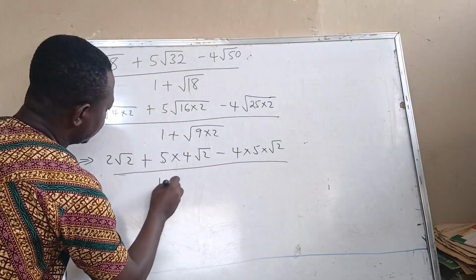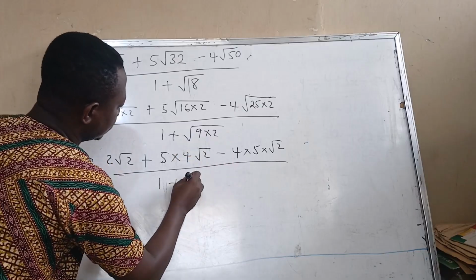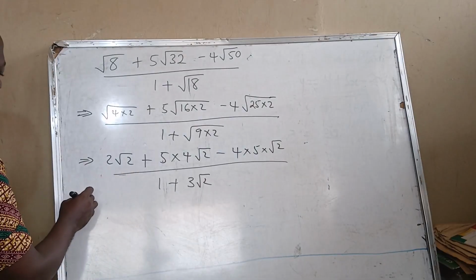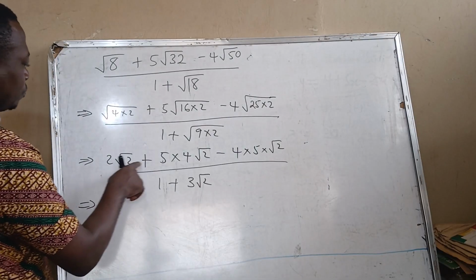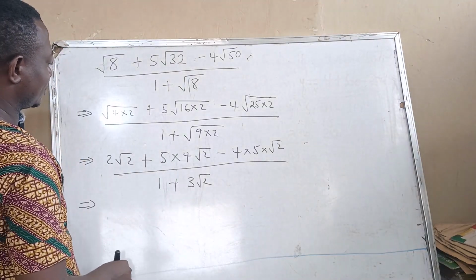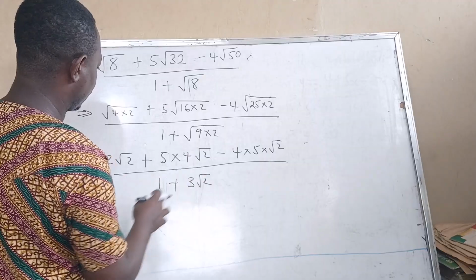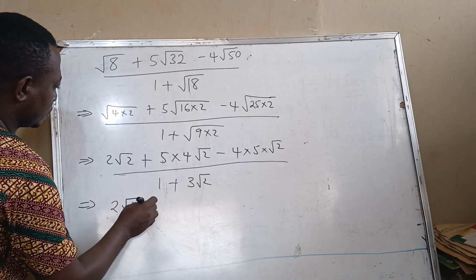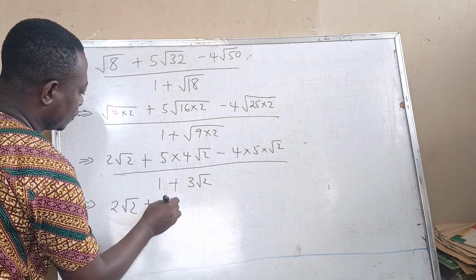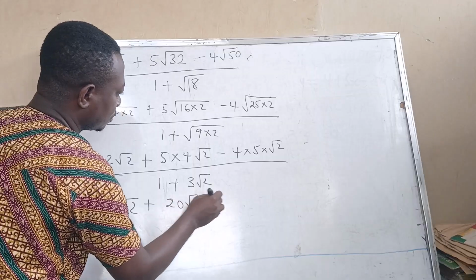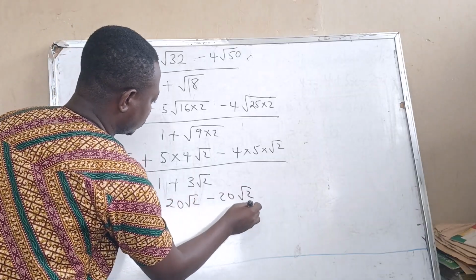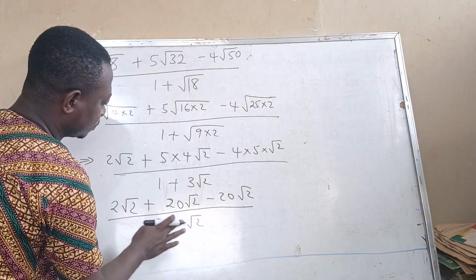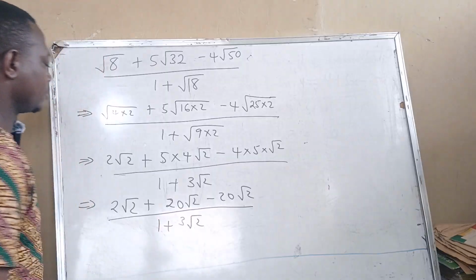On, now this side will be 1 plus 3 root 2. So we can deal with the numerator: 2, and this side will be 9. This side is the same as 5 for 20, you have 2, 2, 5 for 20, on 1 plus 3 with 2.